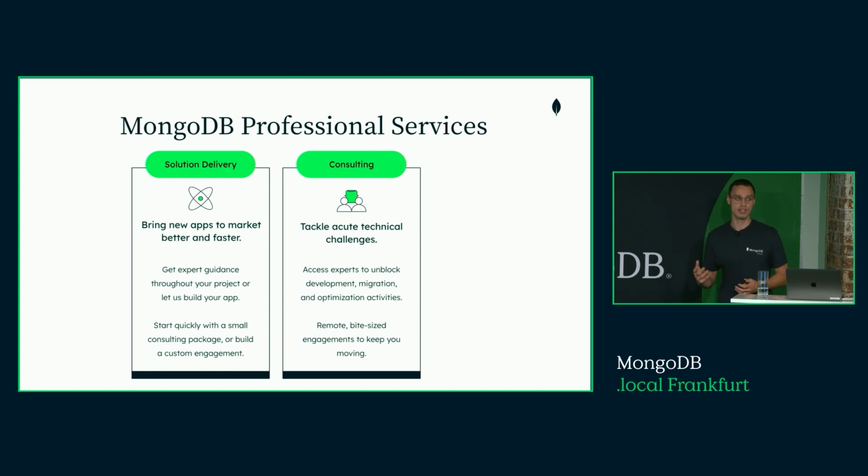But you can also say, I want to have this app fast, and I want to do as little as possible, and then they can even do the whole solution delivery. They can do the development from beginning to go-live. And this is a really nice service, and we have a really great experience with some of our customers for this in the latest months. And I would say it's a great thing that we offer this right now.